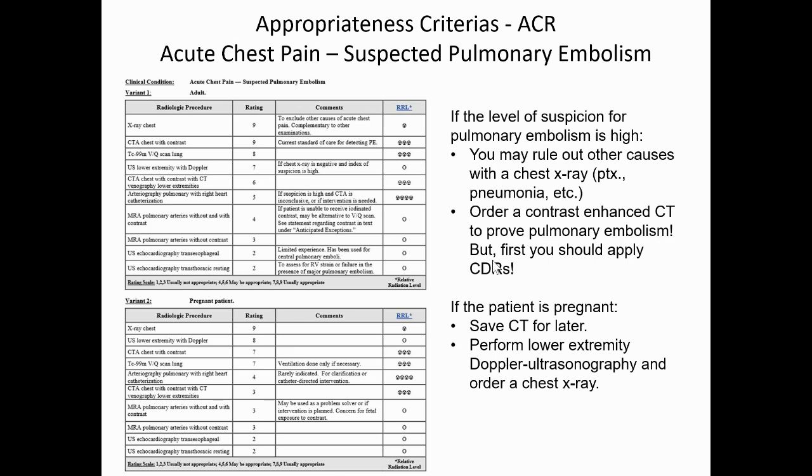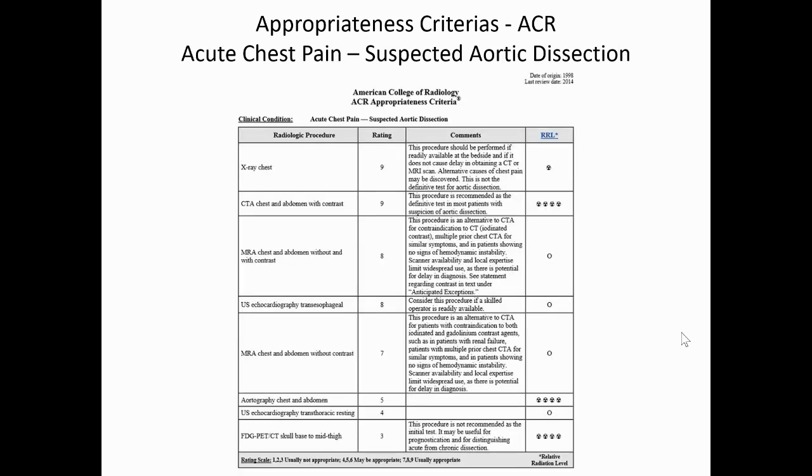But first of all, as written here, you should first apply the clinical decision rules. If your patient is pregnant, then you should wait with CT as much as you can possibly wait. You should instead perform a Doppler ultrasonography of the lower leg or order a chest x-ray, because the chest x-ray might show you indirect signs of pulmonary embolism.